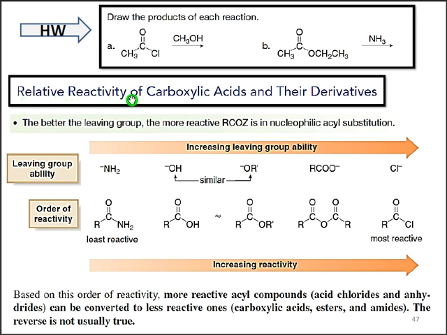Relative reactivity of the carboxylic acid and their derivatives. Here, the better the leaving group, the more reactive the carboxylic acid derivative is in nucleophilic acyl substitution. What does that mean?